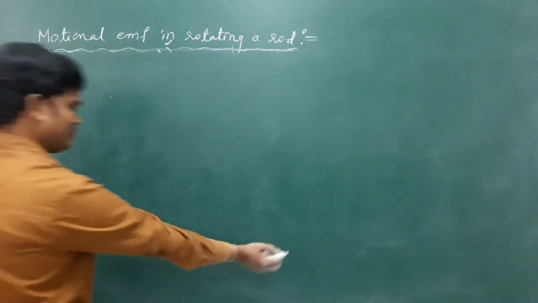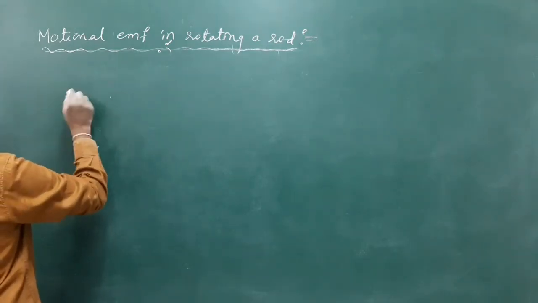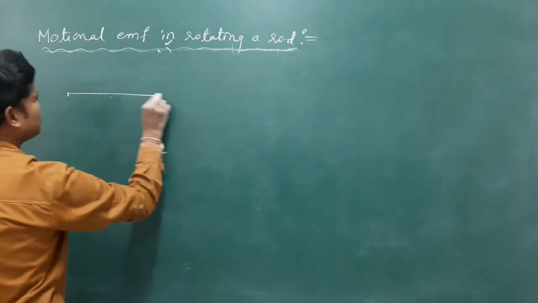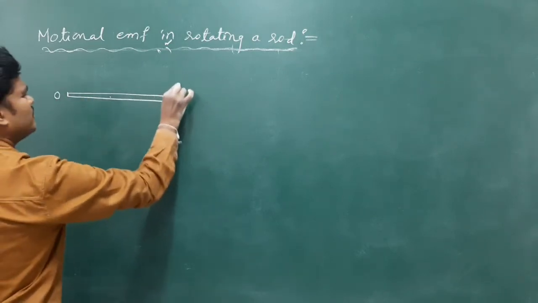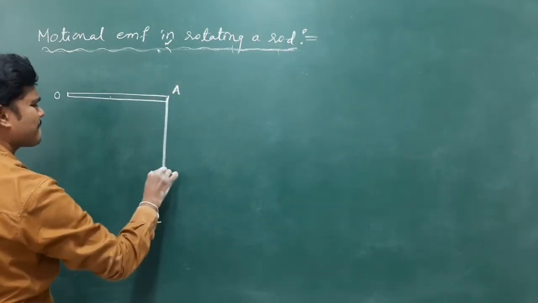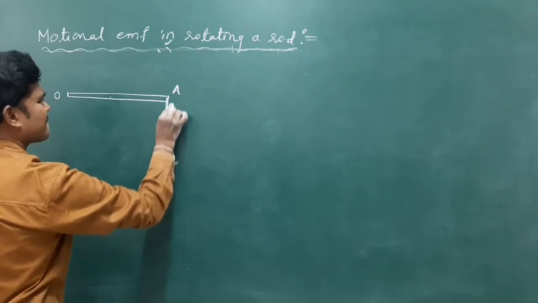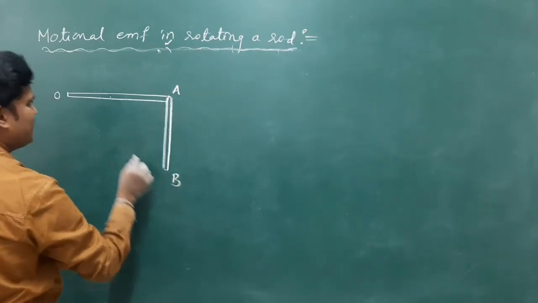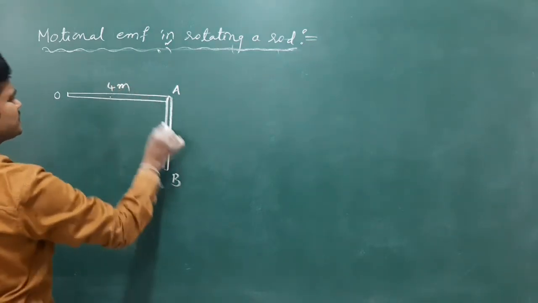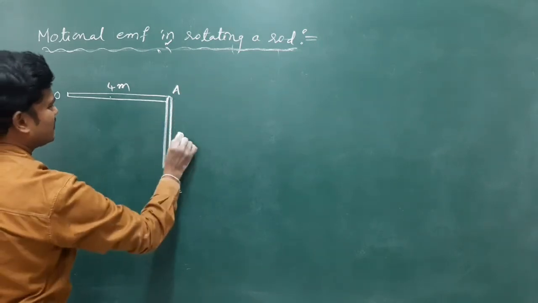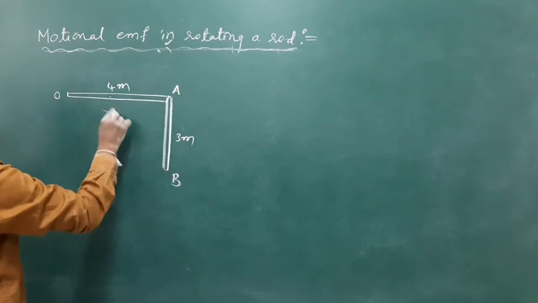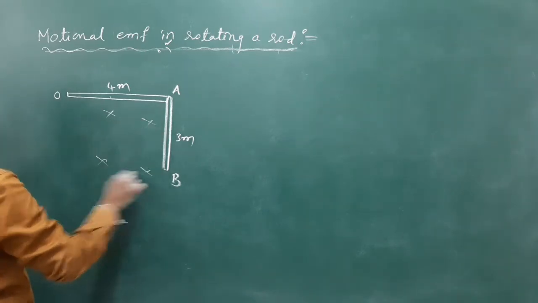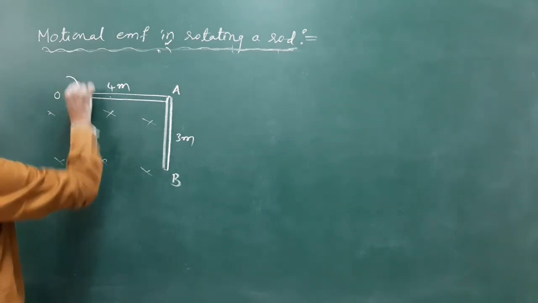See the given diagram. This is O, A, B, this is 4 meters. Let us take 3 meters for easy calculations. 4 meters, 3 meters, and it is rotating like this.